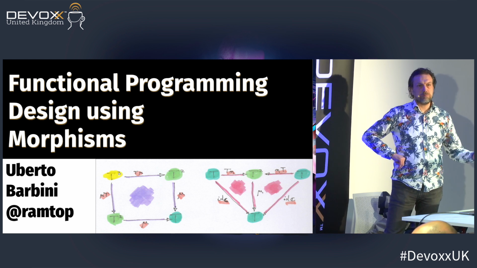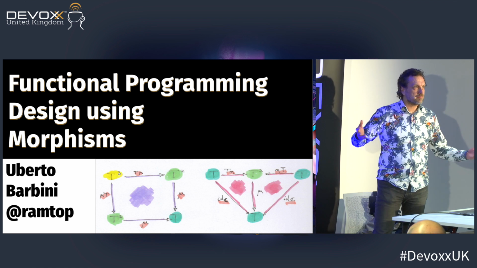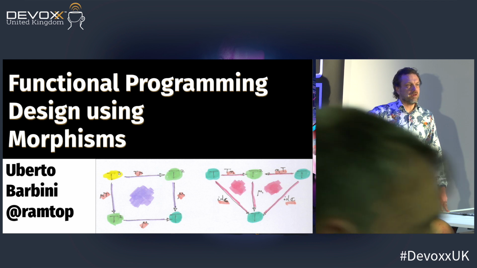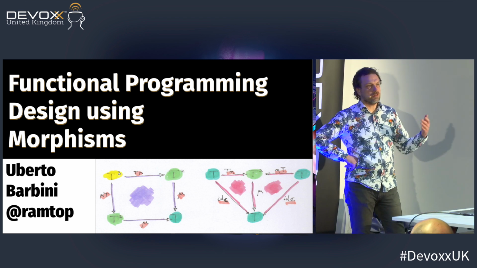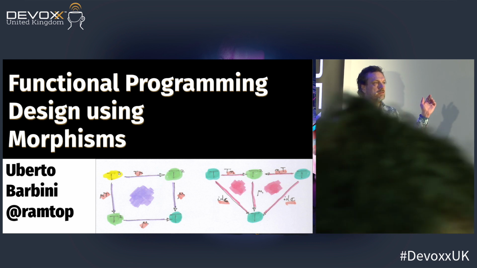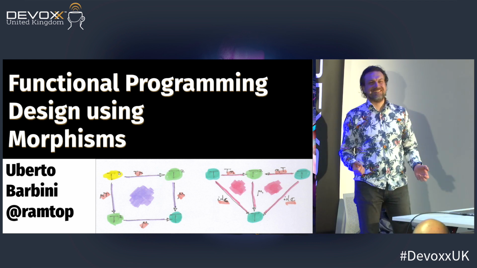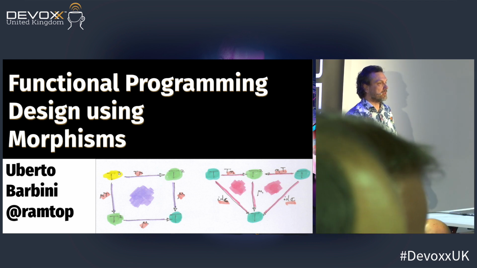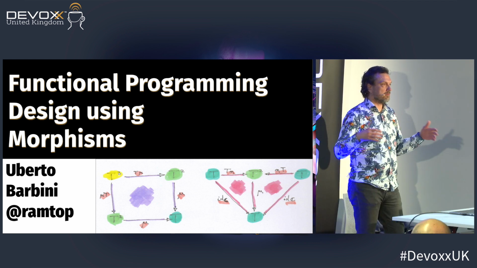So this talk is about functional programming. There will be some examples of code in Kotlin. How many of you use Kotlin? I hope the code should be quite easy to understand from a Java point of view.